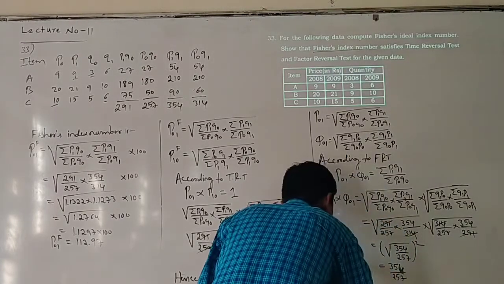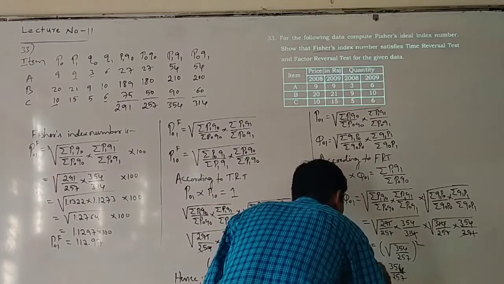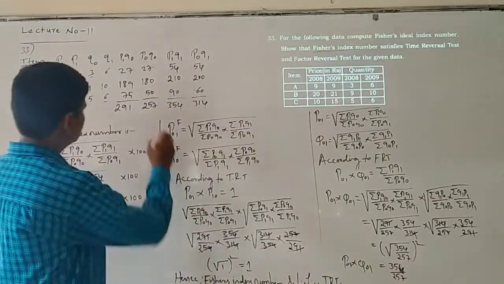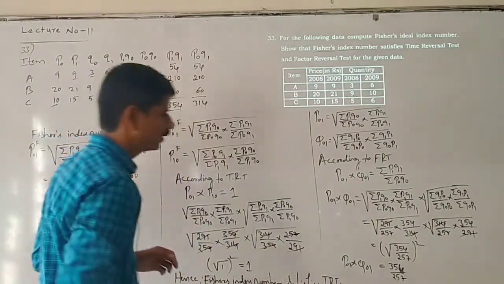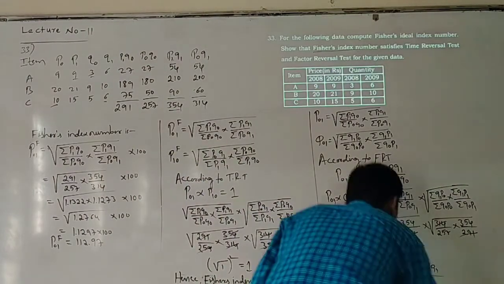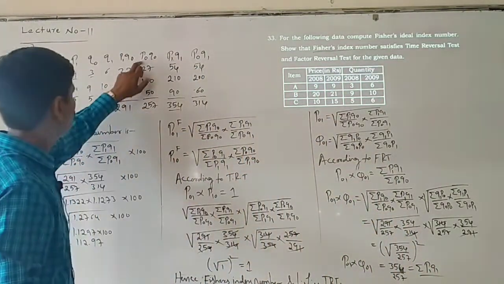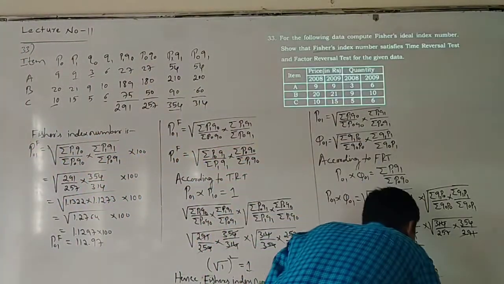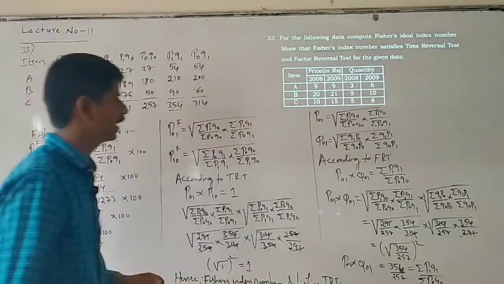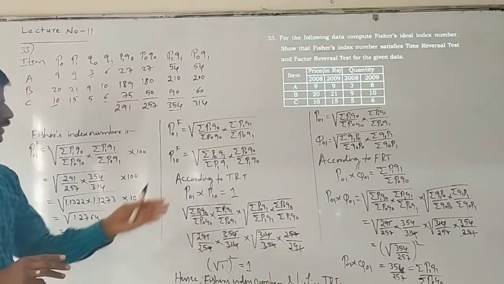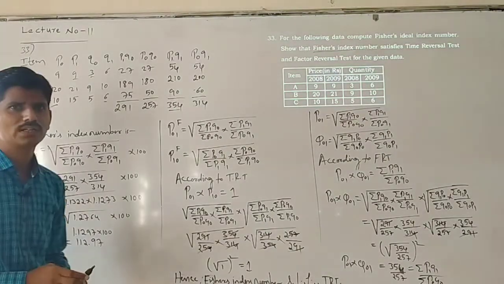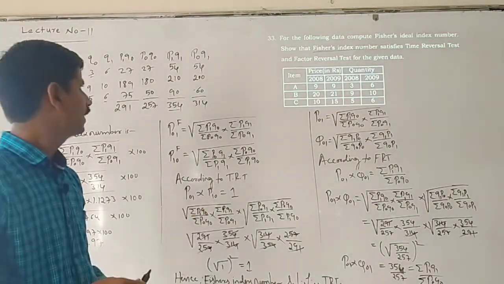It is equal to P01 into Q01 equal to 354 by 257. Here 354 is the sum of P1 Q1, and 257 is the sum of P0 Q0. Hence, the Fisher's index number satisfies factor reversal test.